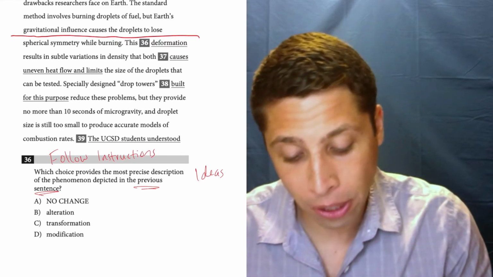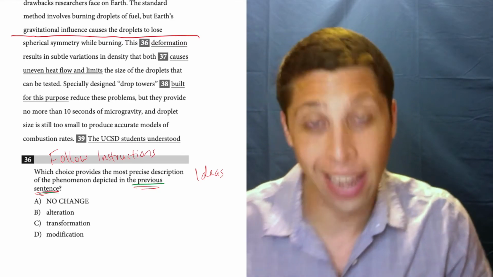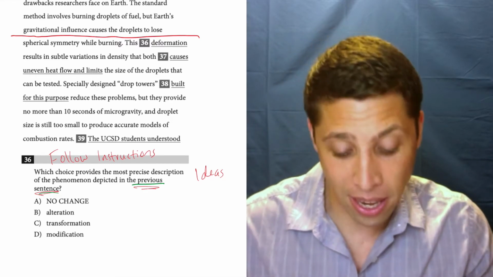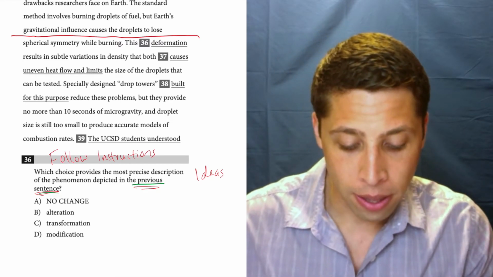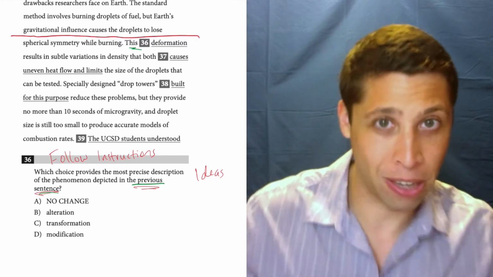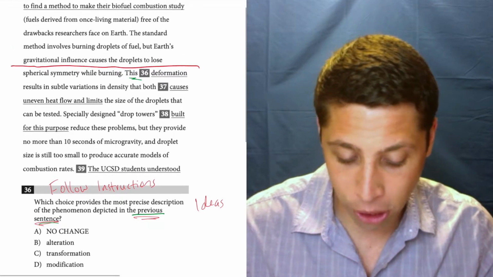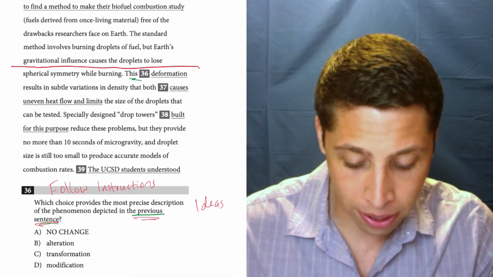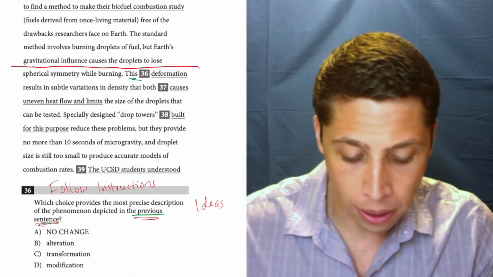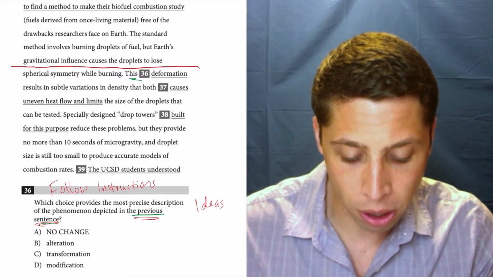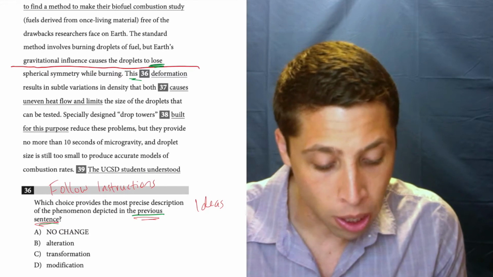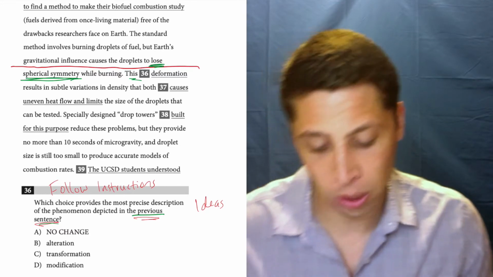So we want to go back to that previous sentence and understand what they are saying about the deformation. Let's look. It says the standard method involves burning droplets of fuel, but Earth's gravitational influence causes the droplets to lose spherical symmetry while burning.